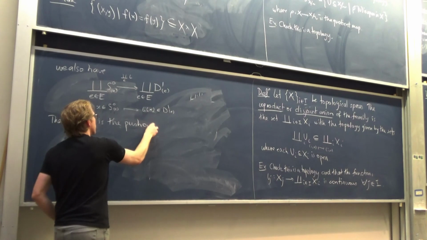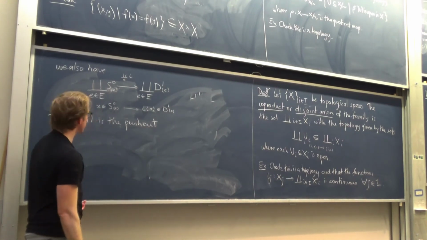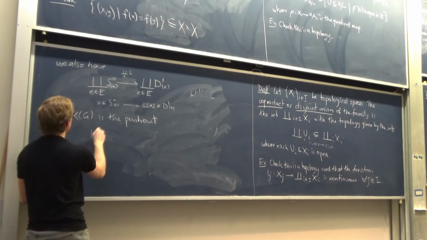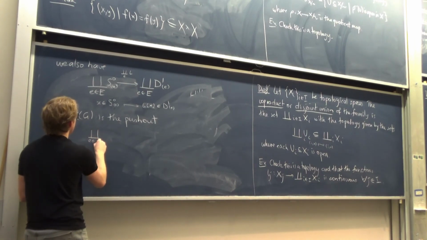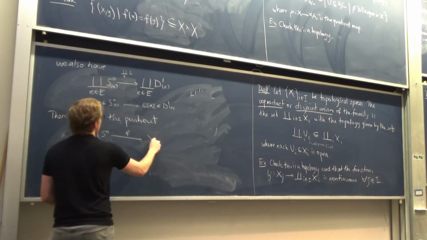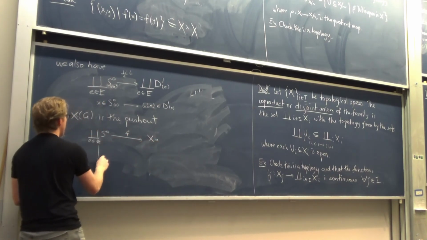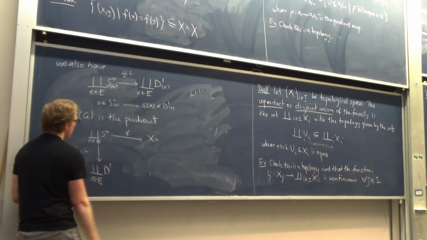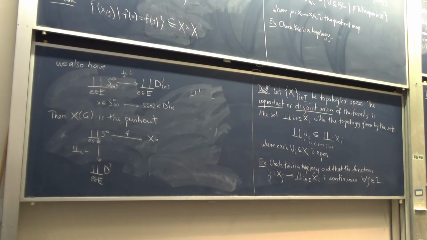Okay, so definition: the topological space associated to the graph is the pushout of those two maps I've just written down. To form the pushout, I just needed two continuous maps. What's the pushout?